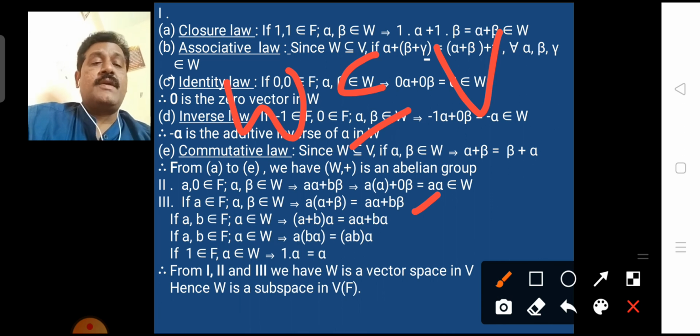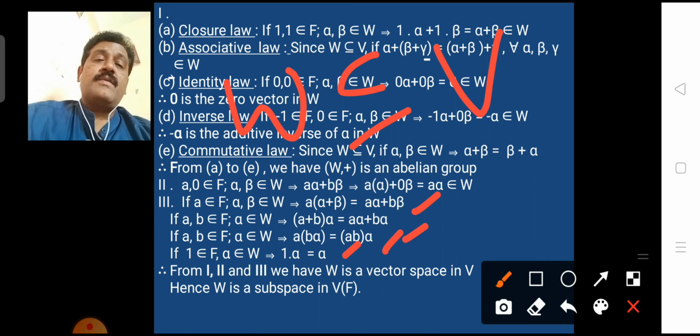A plus B into alpha equals A alpha plus B alpha. A into B alpha equals AB into alpha. 1 into alpha equals alpha. These four properties hold since W is a subset of V. From these 1, 2, 3, we have W is a vector space, hence W is a subspace of V.